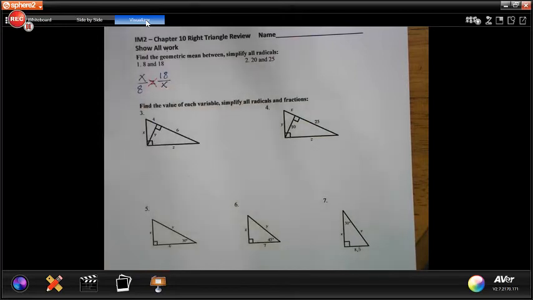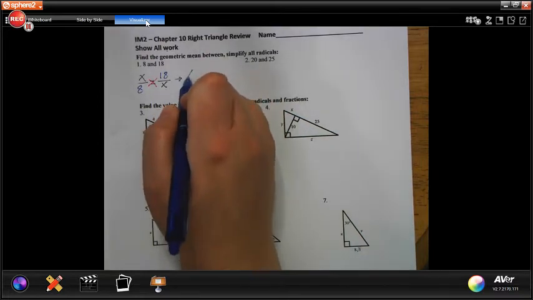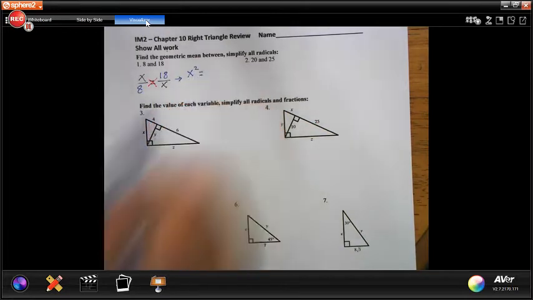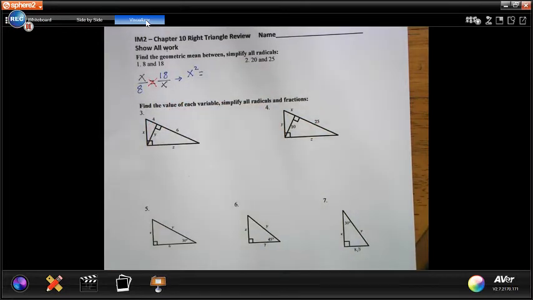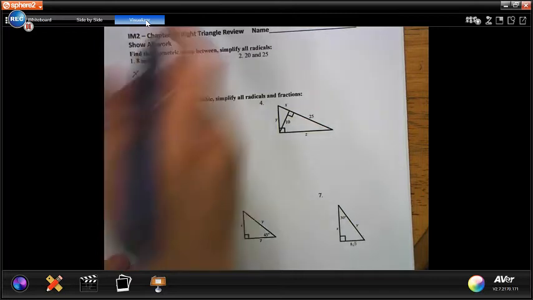Now cross multiplying gets rid of the fractions, it doesn't make another fraction. So I have x times x, which makes x squared. And then I have 8 times 18, so I have to use my calculator. 8 times 18 is 144.